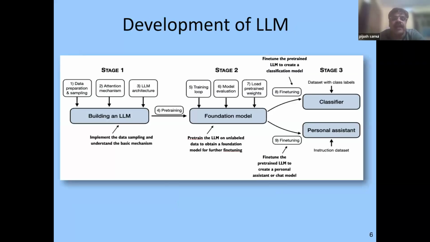As we know, in the development of the LLM model, you get three stages. The first stage is data preparation and sampling, just like a traditional AI model, and then the attention mechanism. This is a very interesting thing. In traditional AI, generally we give the data set in tabular form, for example an Excel file. But here you have to give everything as human-like text.